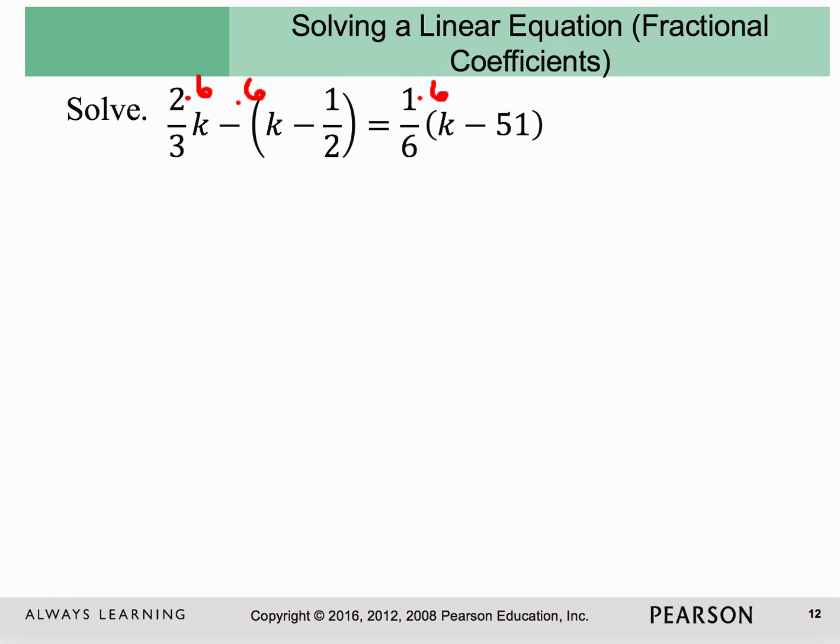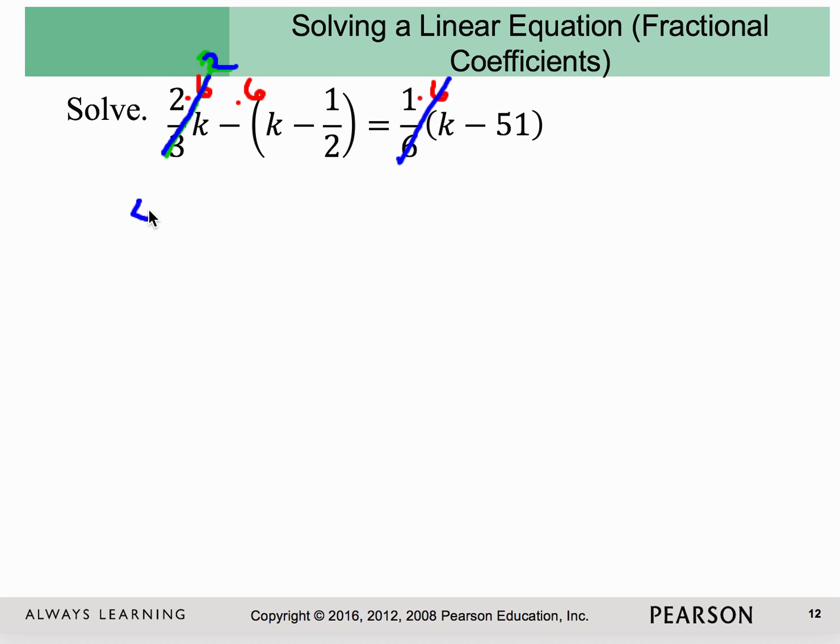Okay, so 6 divided by 3 is 2 there. That's better, right? 6 divided by 3 is 2. There's no number here to divide out. 6 divided by 6, that's 1. It's just gone. So right here I have 2 times 2.